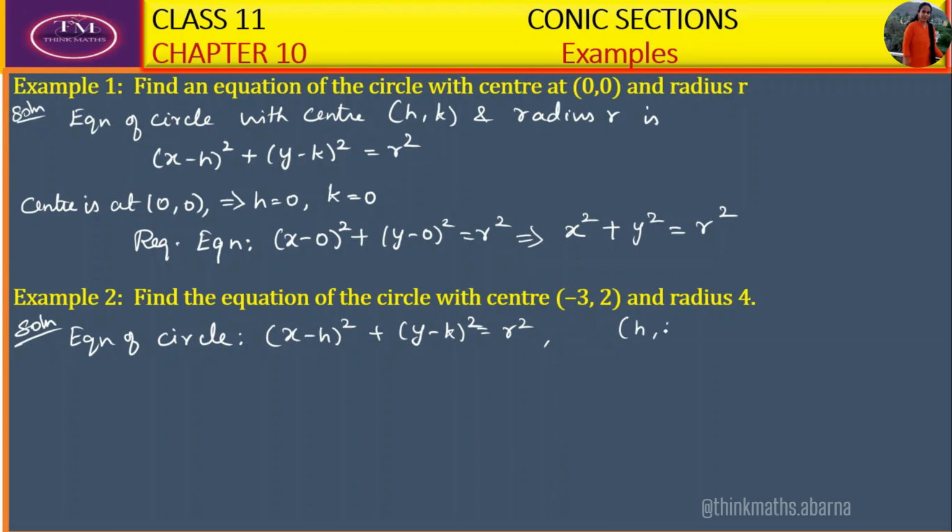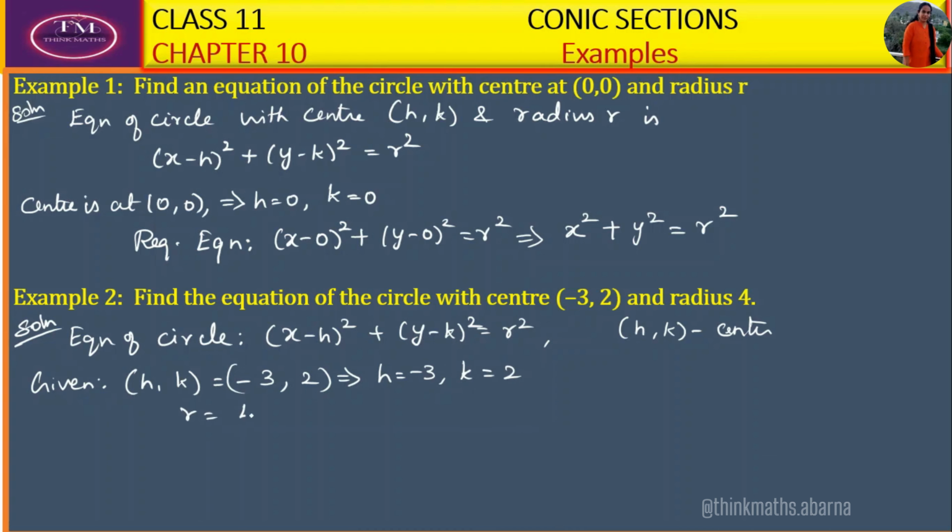Here h, k is the center of the circle. Now what is given here? It is given that the center of the circle h, k is minus 3, 2. That means h is equal to minus 3 and k is equal to 2. And the radius is given as 4.